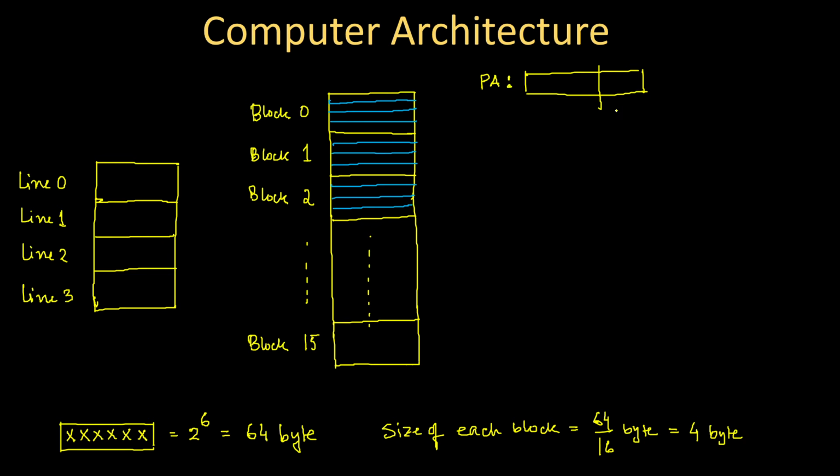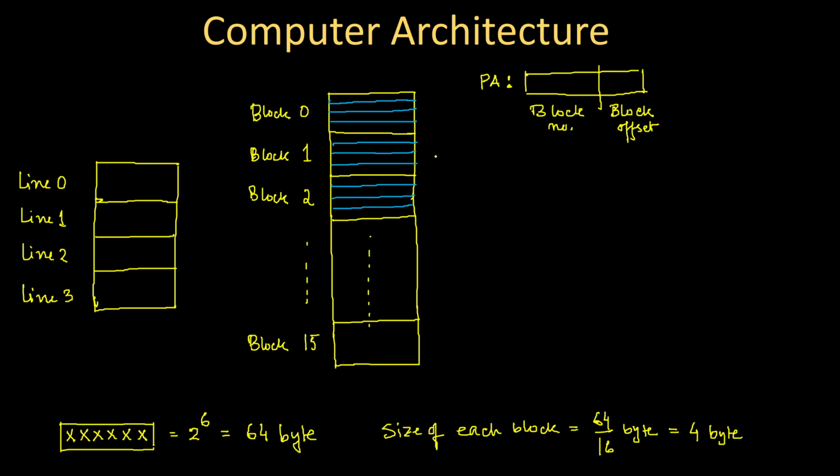This side is called block offset and another side is called block number. This block number represents in which block the data is present, and the block offset represents what is the exact location in that particular block.